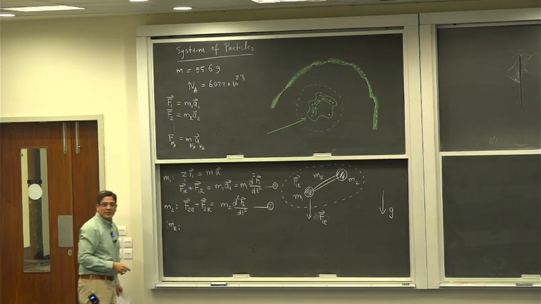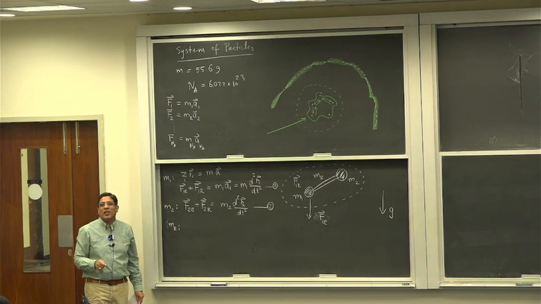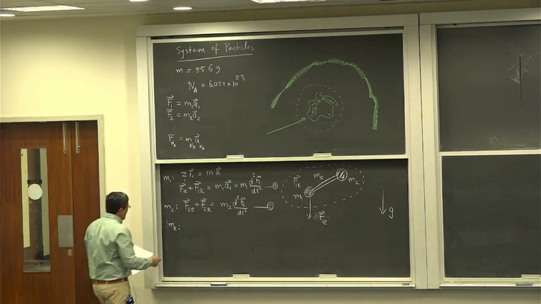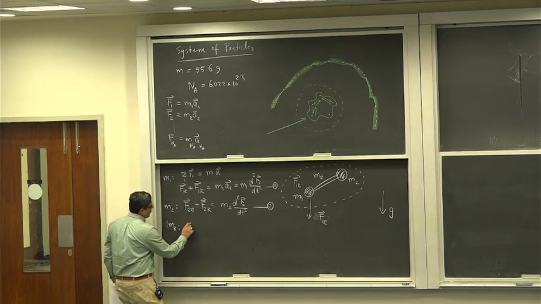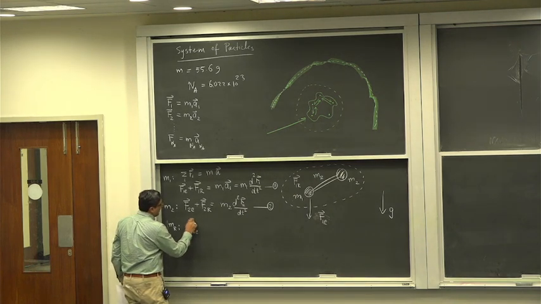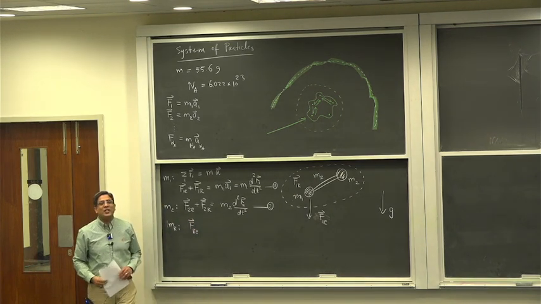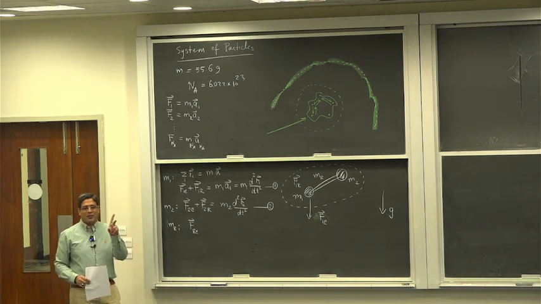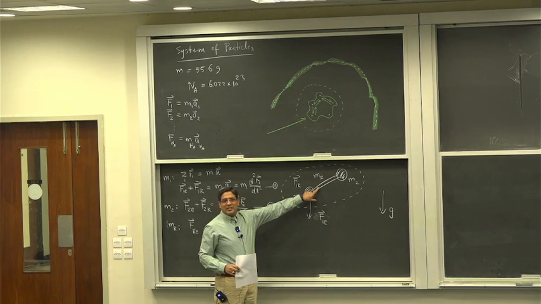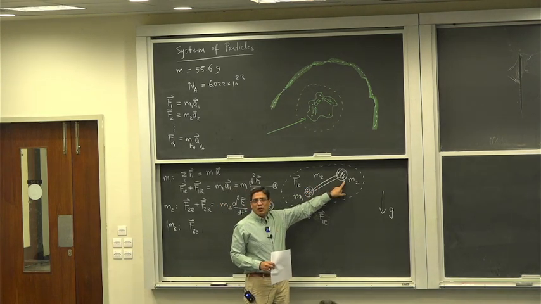The third equation is for the rod. Again we are treating the rod as a point particle. So one external force, that is simple, FRE, and how many internal forces? Two internal forces. One exerted by m1 on the rod and the other by m2 on the rod.